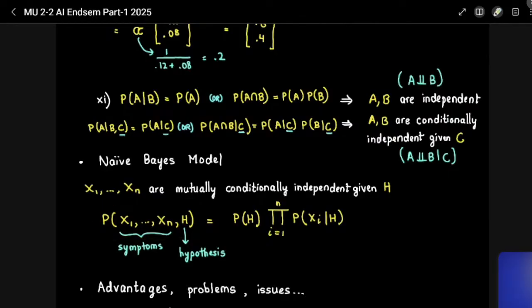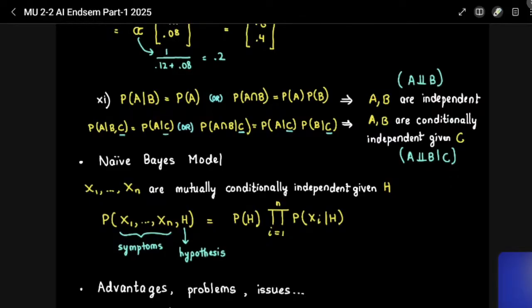Given this piece of information, you can find out the probability of this one. Probability of x1 and x2 and x3 and so on until xn and h. The theory kind of says that x1, x2, x3 they all represent some form of symptoms, and h is nothing but the hypothesis. And now you want to predict what is not. You want to find out what is the probability of all these things. A neat formula is given. I'm not deriving the formula.